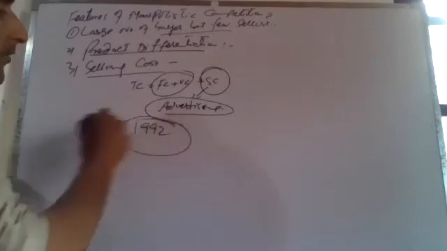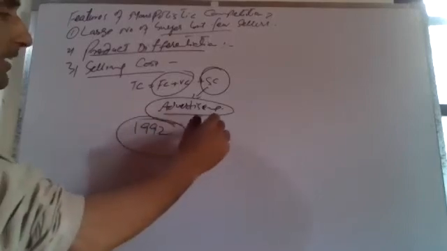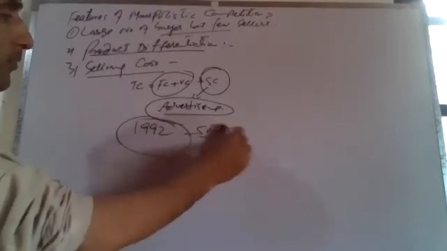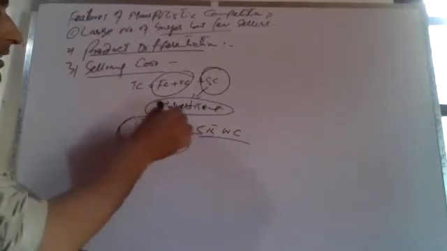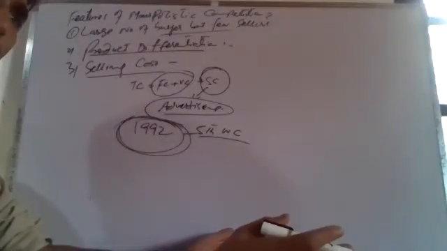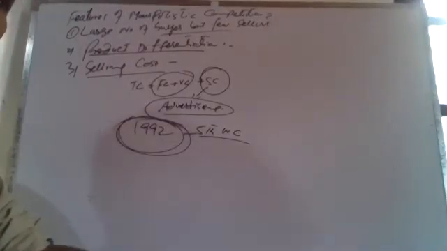I will give you an example of the 1992 World Cup. The fifth Cricket World Cup was held in 1992 in Australia and New Zealand.